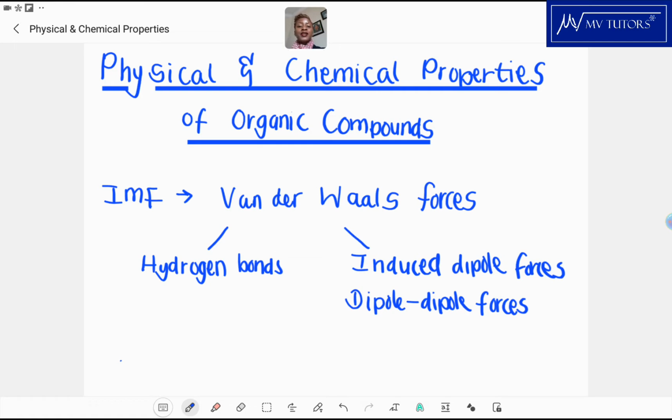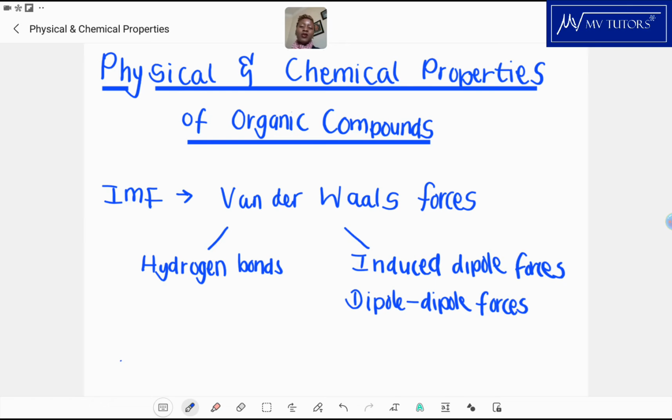You'll have electrons shifting. So within that non-polar molecule, as the electrons shift, one part of it will be positively charged, the other part will be negatively charged. So for that moment, it will be polar. That is what we mean by induced, meaning you induce the polarity within that non-polar molecule.